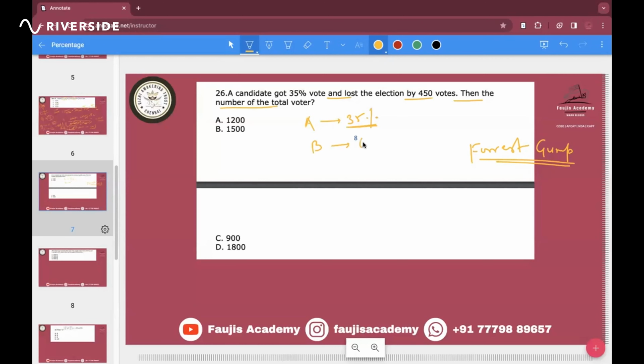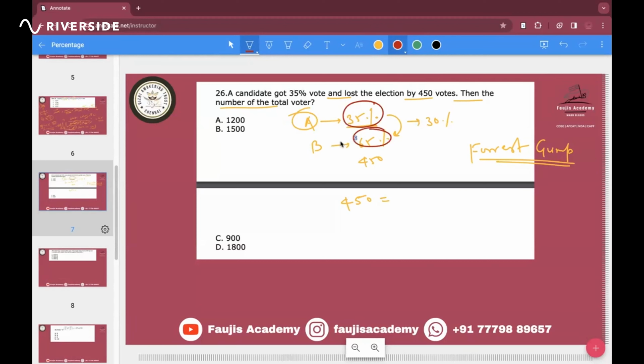65. And A lost by how much vote? 450. Or in other words, by how much percentage did he lose? 30%, sir.